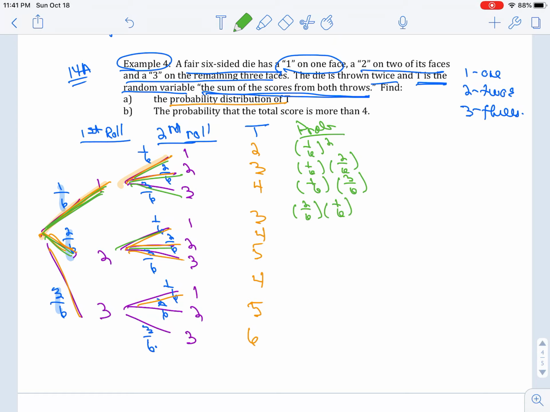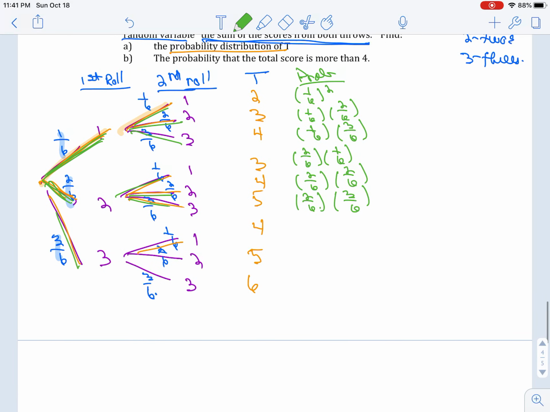For the 2 and the 2, or the 4, we get 2/6 times 2/6. The 2 and the 3 is 2/6 times 3/6. Then the last ones: 3/6 times 1/6, 3/6 times 2/6 for the 5, and 3/6 times 3/6 for the 6.